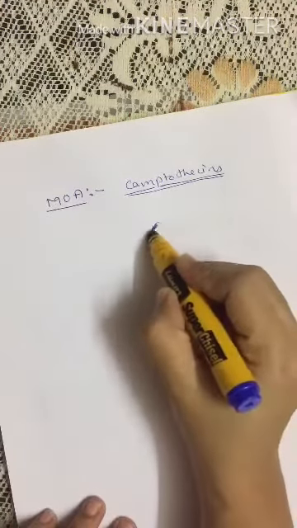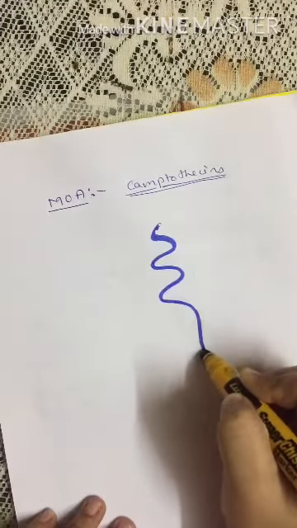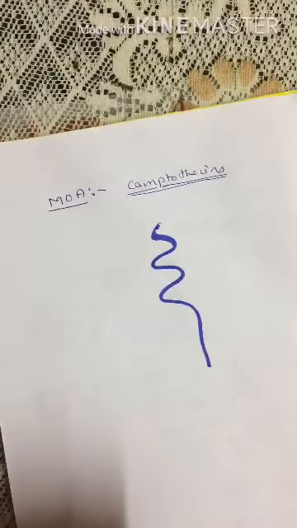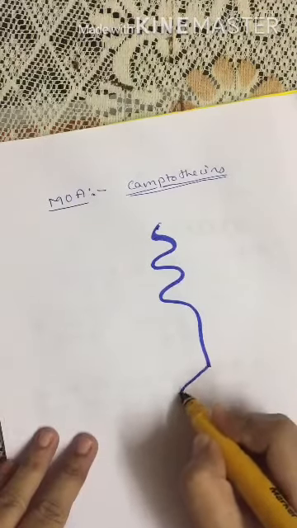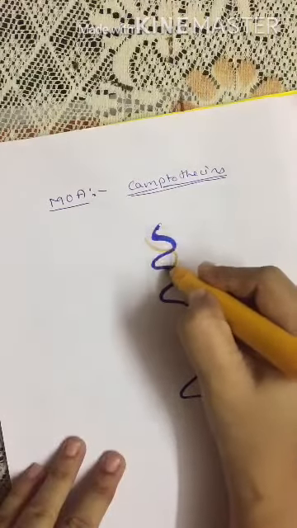How does camptothecin work or inhibit topoisomerase 1 type of enzymes? Consider that this is one strand of DNA and this is another strand of DNA.